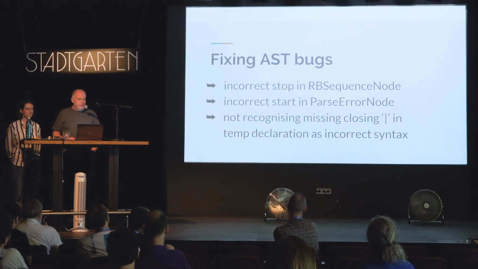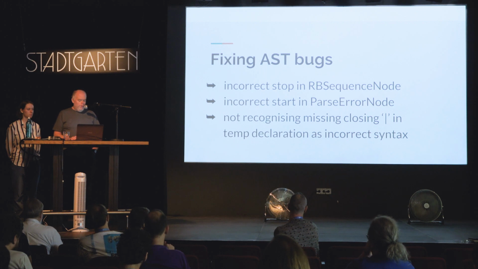An incorrect start in a parse error node, because nobody ever used parse error for this kind of stuff. And then some bugs for recognizing parse errors in a correct way and setting the parse error node correctly. And I'm sure there are more of these tiny bugs in the system that we can find.